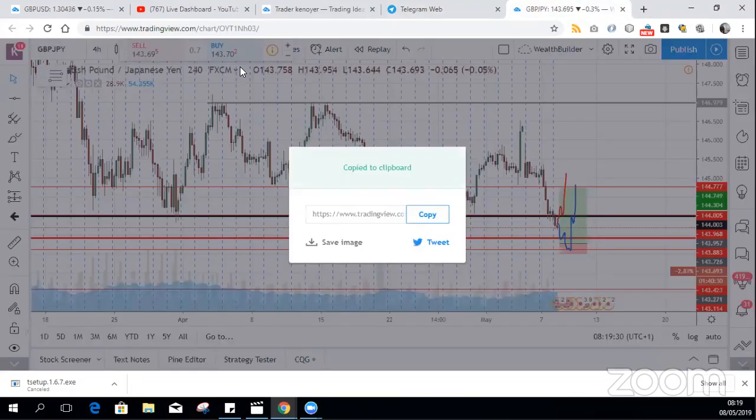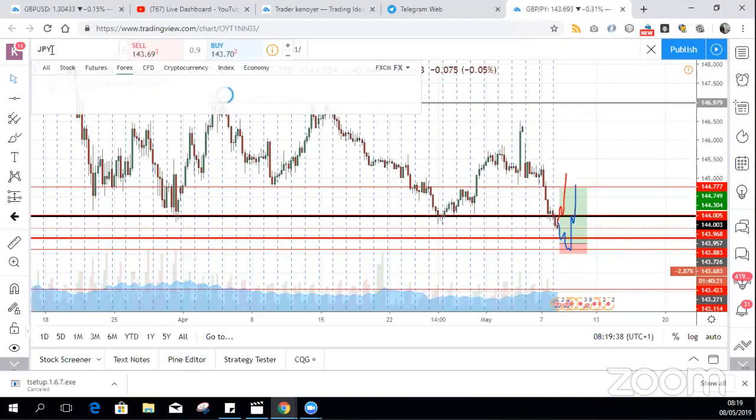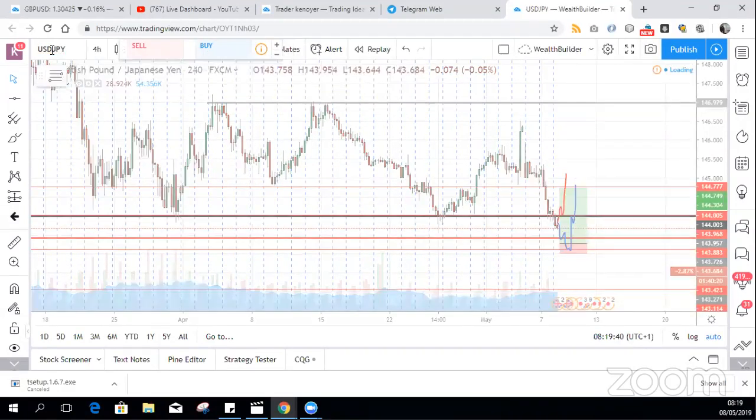Next snapshot, for my preferred USD-JPY.